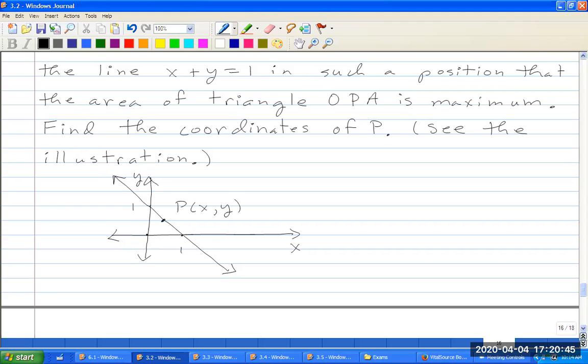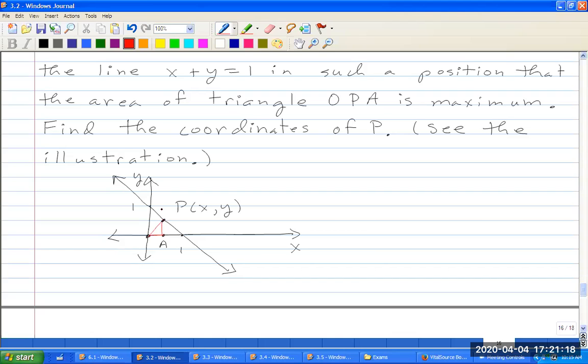This has got to be O, and this has probably got to be A, such that the area of this triangle is maximal.